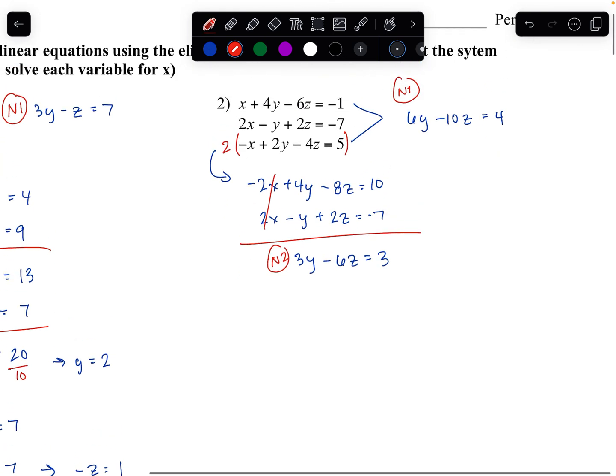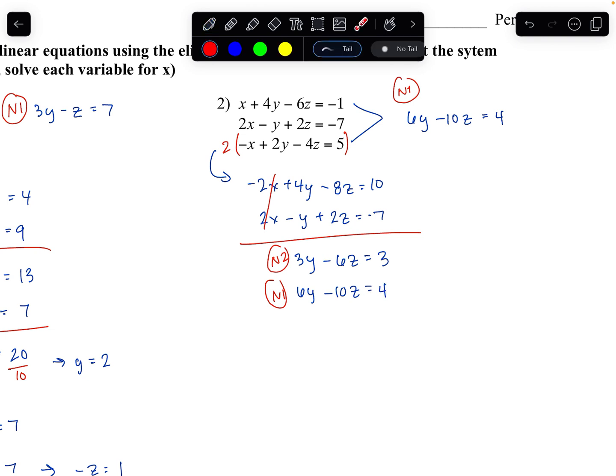I'm going to stack it with my first new equation, which was 6y minus 10z equal to 4. I'm going to choose to get rid of y's here because 3 goes into 6. I just have to multiply this by -2.